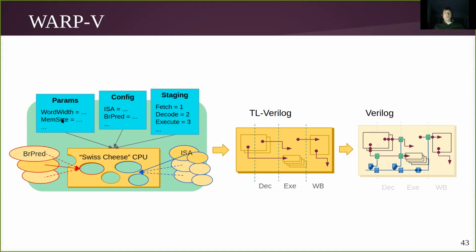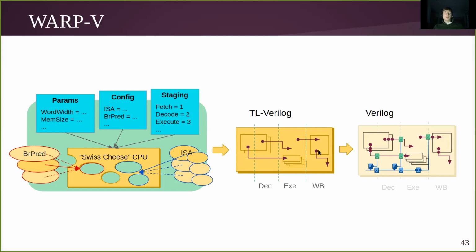So, the model is parameterized even to the extent of configuring the ISA that we're implementing in our CPU. You can choose different branch predictors, and then you can parameterize the pipeline staging to get different depth pipelines in our CPU. So that all gets collected up through macro preprocessing, and passed along as transaction level Verilog.